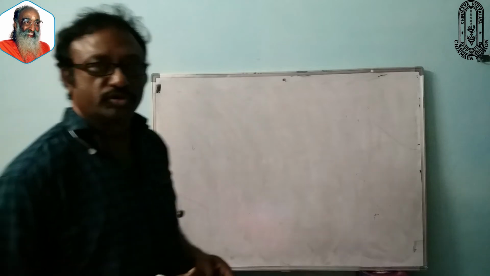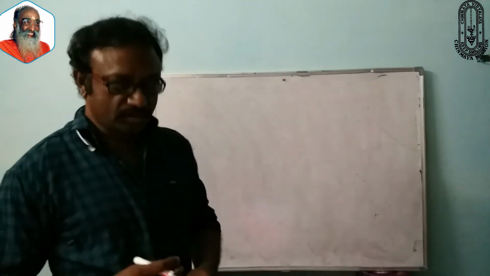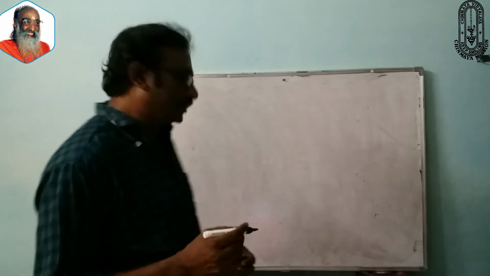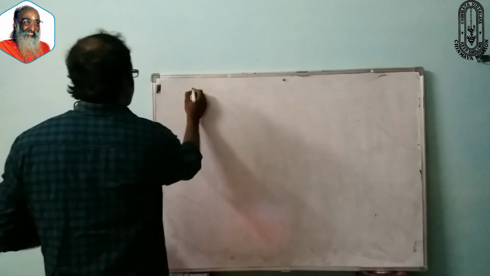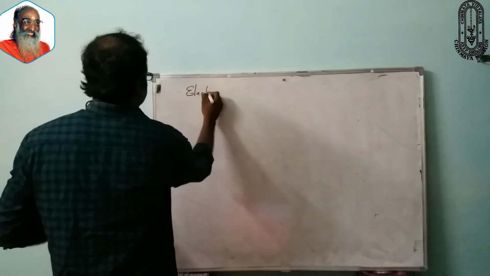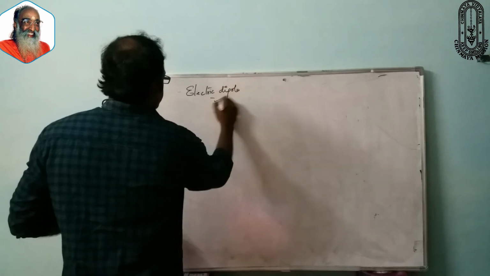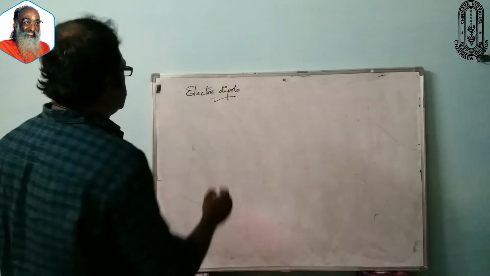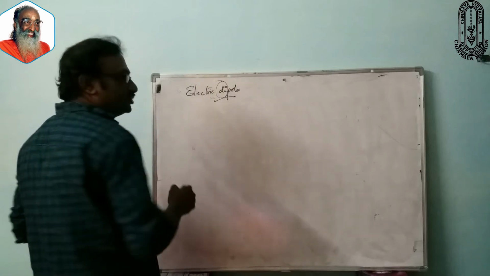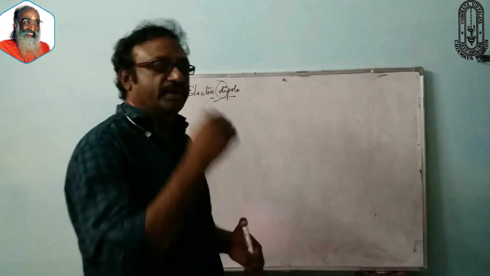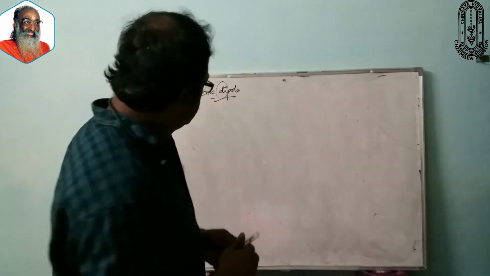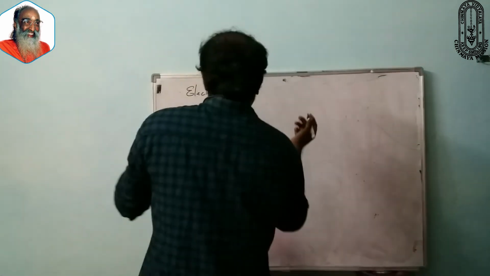Okay, now we'll move on to the next concept in electrostatics, that is electric dipole. From the name itself, you can understand, di means two. So here, two types of charges you can see.